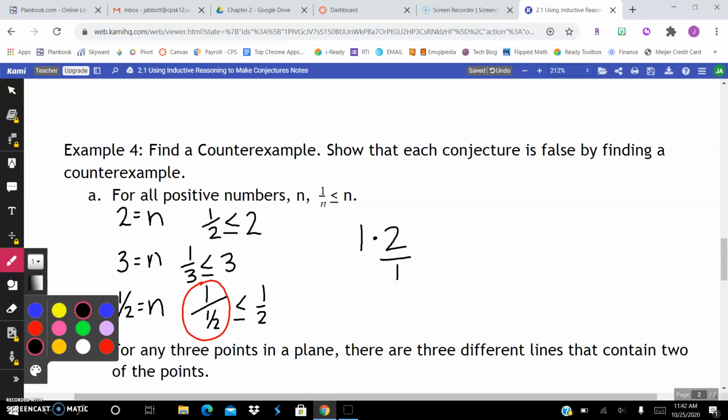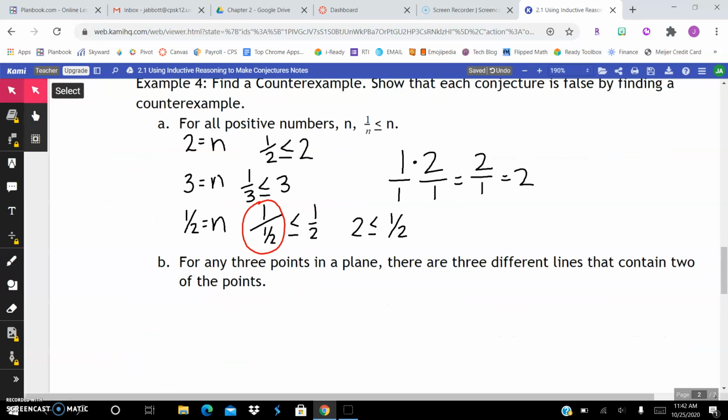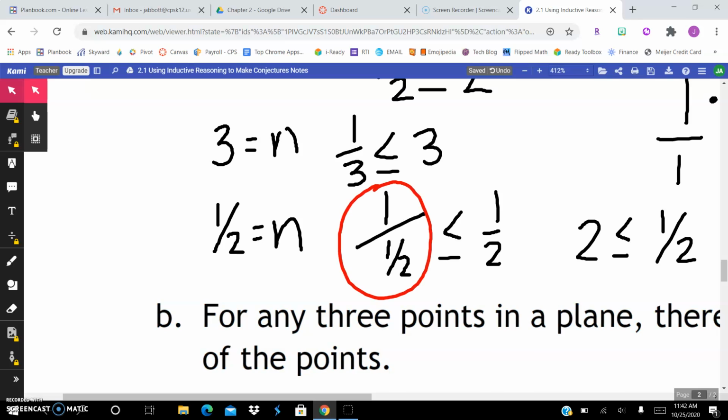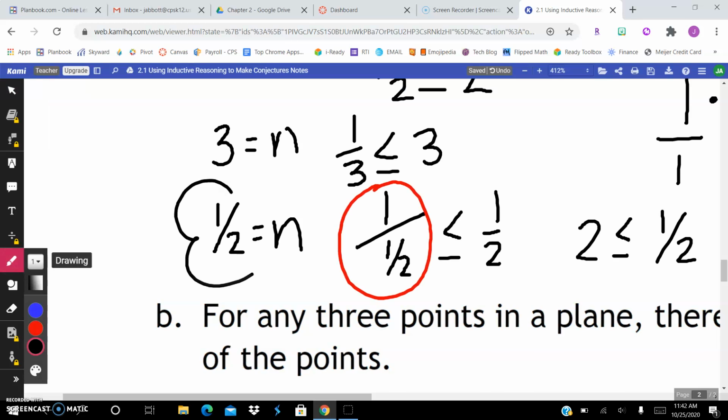When we flip 1/2, we get 2 over 1. Let's make that 1 a fraction as well. When we multiply, that's 2 over 1, which is the same thing as 2. So if I rewrote that, I would have 2 is less than or equal to 1/2. That is definitely not true. So n equals 1/2 is our counterexample, proving that this is not true.